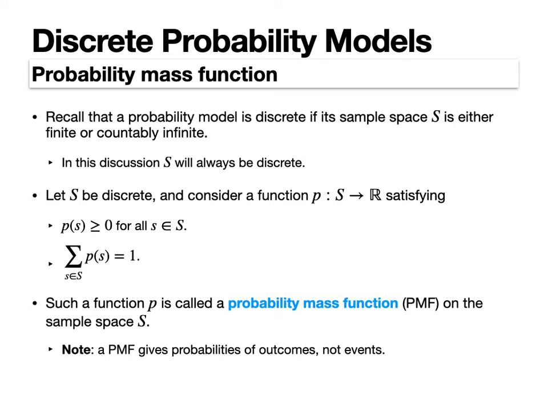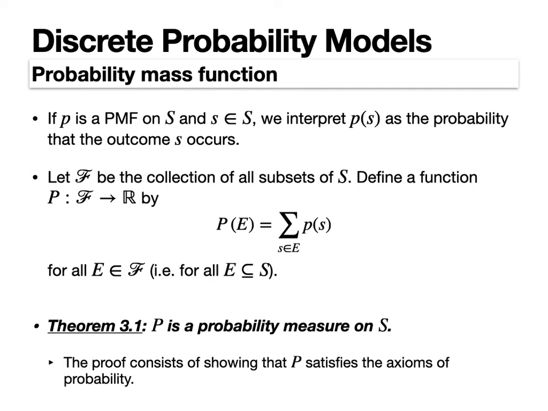Of course, probability measures measure probabilities of more than just outcomes. They also measure probabilities of events, which are collections of outcomes. But we can build a probability measure out of a probability mass function, as you see here in the second bullet.